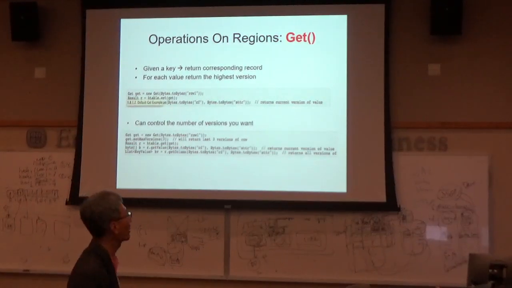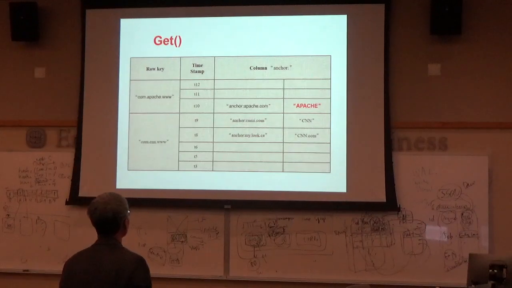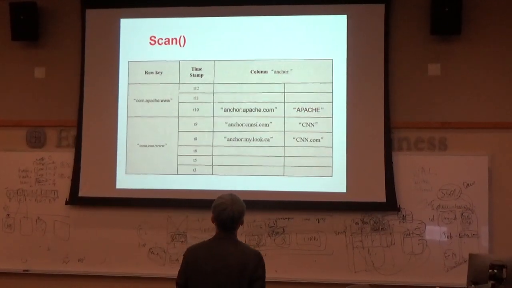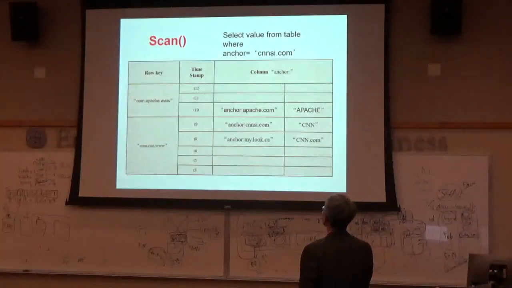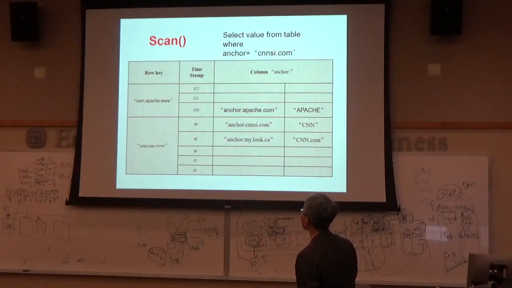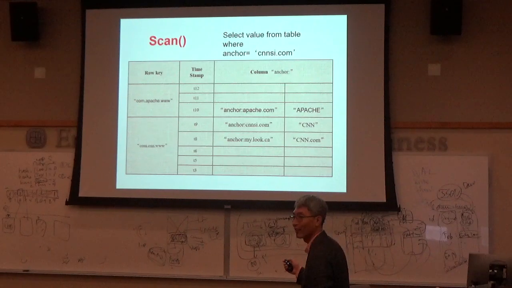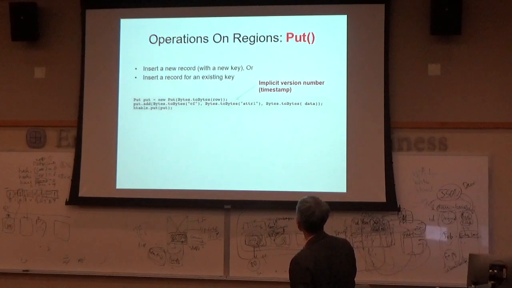Then finally, we can get the specific data. Okay, that is get and scan. If you want to know the meaning of scan and get, you can compare with SQL style. In this case, the row keys that satisfy cnnsi.com will return all the values.